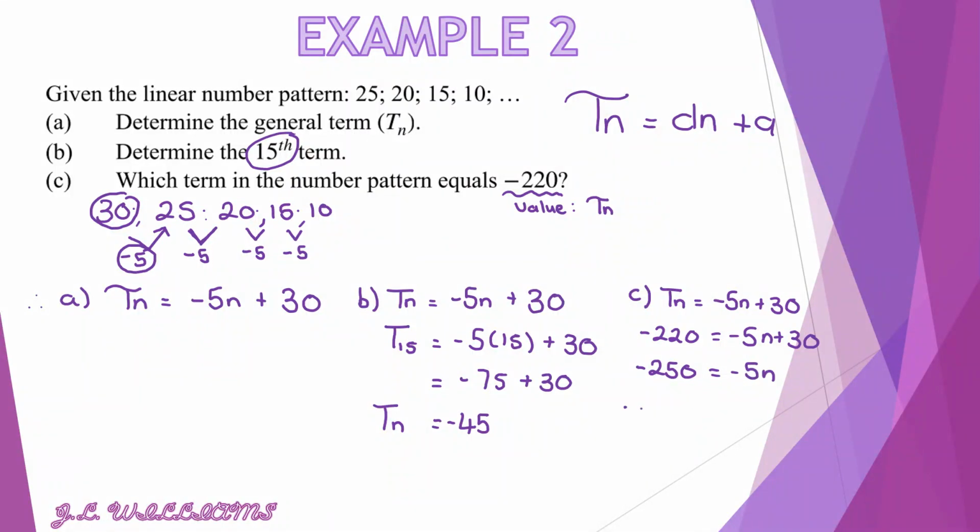And so therefore the value of n is negative 250 divided by negative 5. And so therefore n is equal to 50. So the 50th term in this pattern will have a value of negative 220.